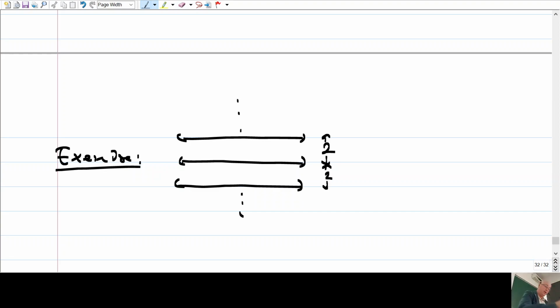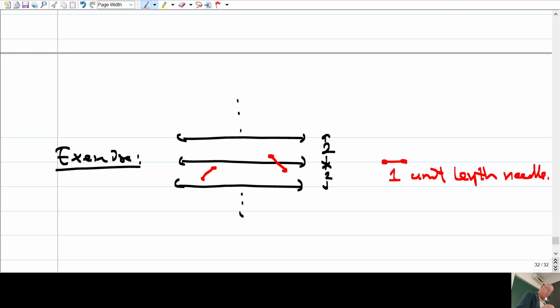And you have a needle of length 1 unit. What you do is throw this needle in the air, and it will fall and either lie something like this and not touch any line, or sometimes it will touch a line.